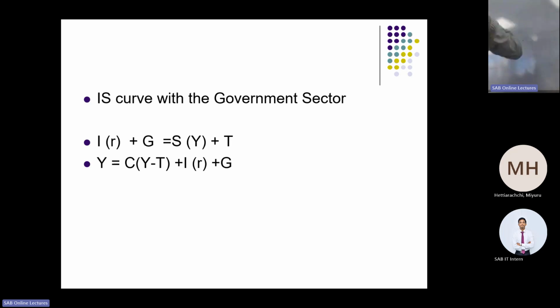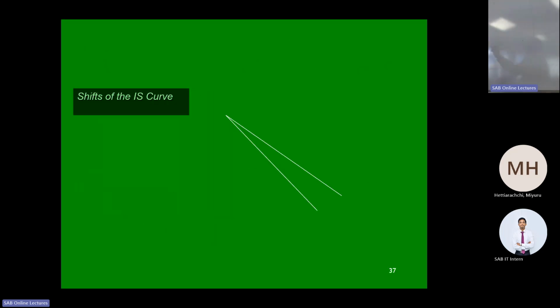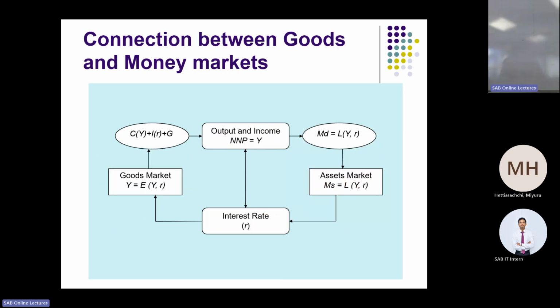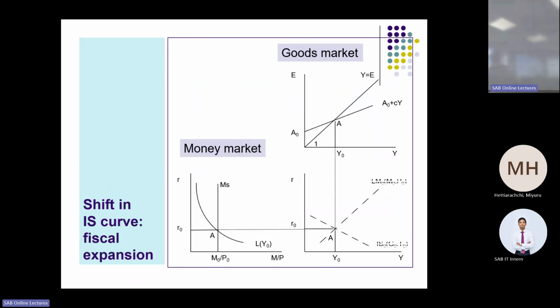Now we are going to derive the IS curve based on the investment and the savings. Now this is our investment, between the interest rate and the investment. If we take the lower interest rate R0, we have the higher investment.